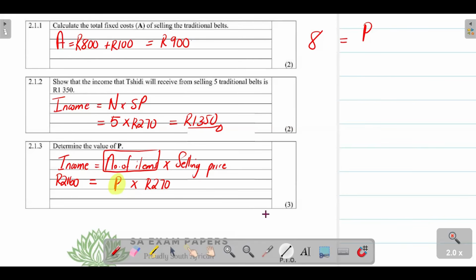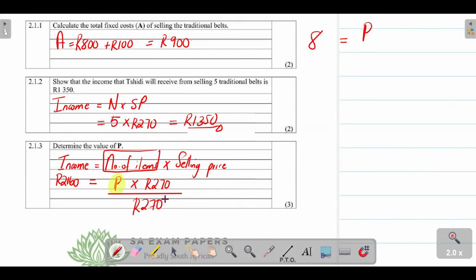You need to think of inverse when you're solving your simple linear equations. Because I'm multiplying by 270, because I want to get rid of the 270, I need to divide by 270.